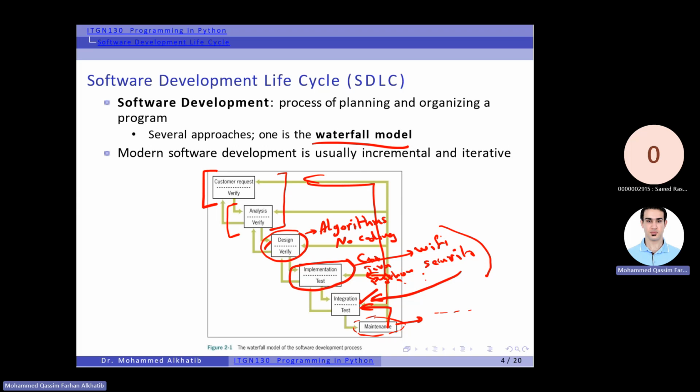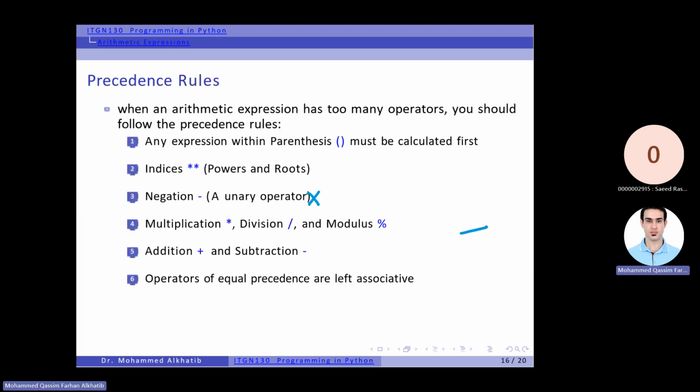So waterfall is sequential, slow, and if there is an error at a certain step, you have to repeat. There is another one, a better one, with more iteration and more complicated, but you don't have to repeat everything from the beginning. Okay, so that's the waterfall.